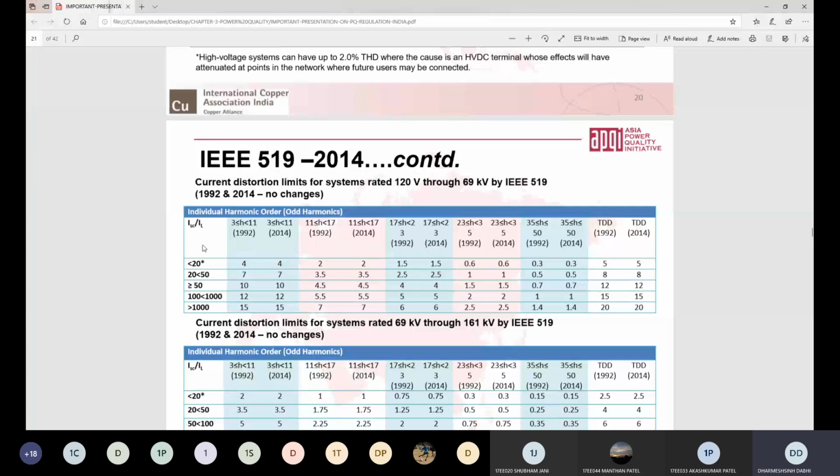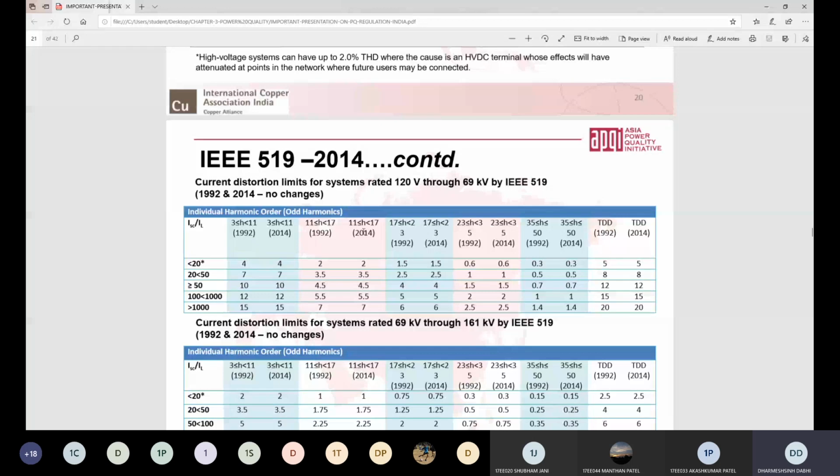If the ratio of this current is less than 20, the same standard applies in 2014. In the same way, the current ratio can be between 20 to 50, 50 to 100, 100 to 1000, or more than 1000. For all these ratios of current, they have a different percentage of harmonics in each category.